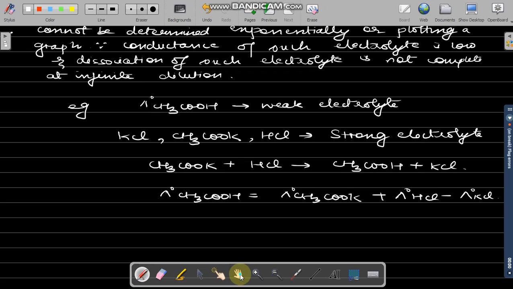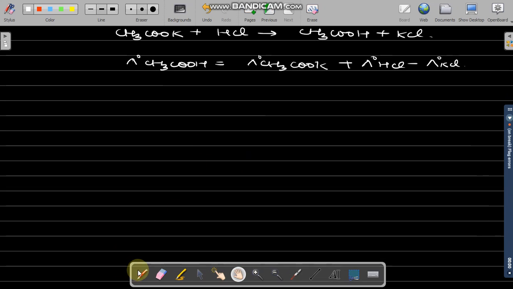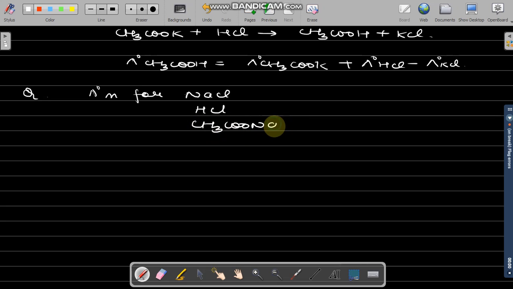Okay, let's do one example question related to this application. We are given the molar conductivity at infinite dilution for NaCl, HCl and CH3COONa as 126.4, 425.9 and 91.0 Siemens centimeter square mole inverse.